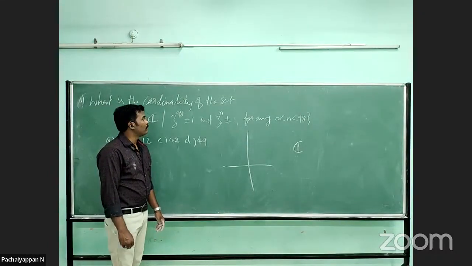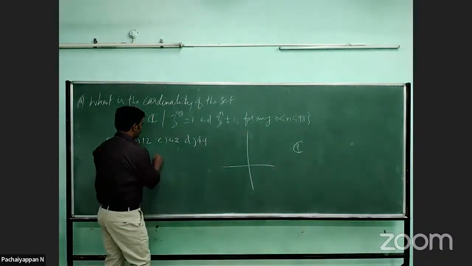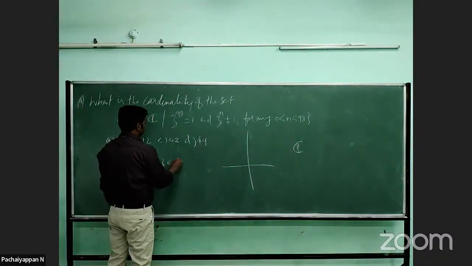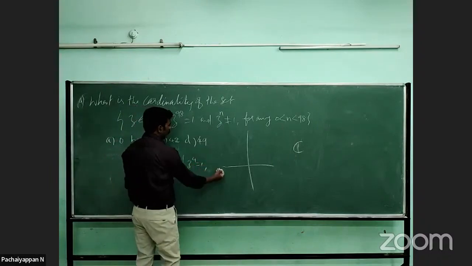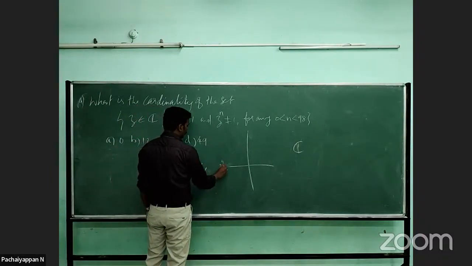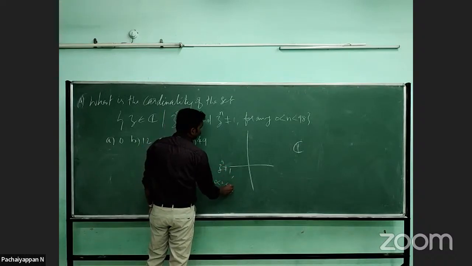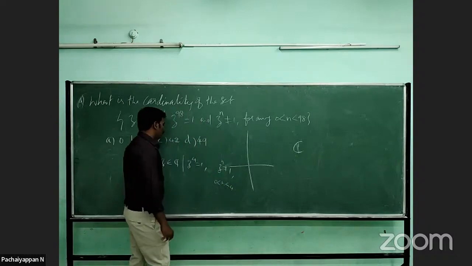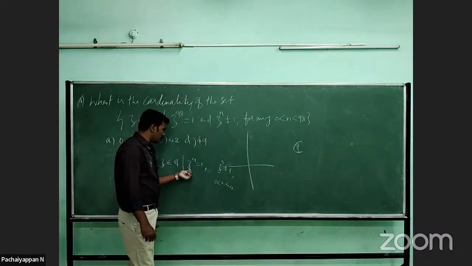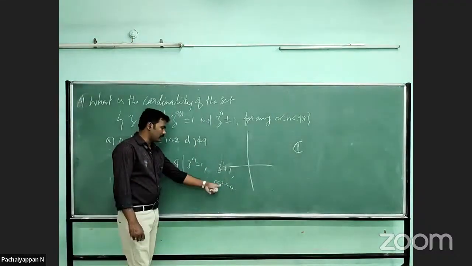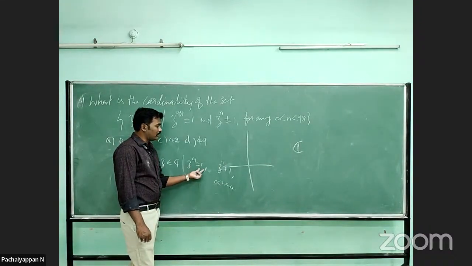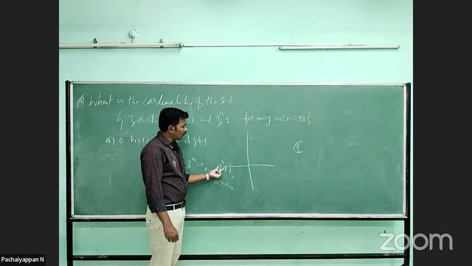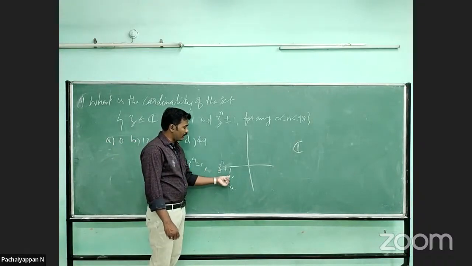For example, let me explain with Z power 4 equal to 1 and Z power n not equal to 1 for any n less than 4. 1 does not satisfy this condition. Minus 1 also does not satisfy it. Why?